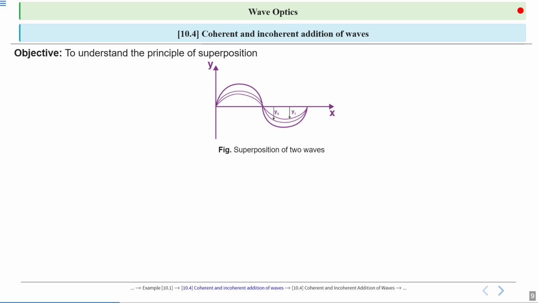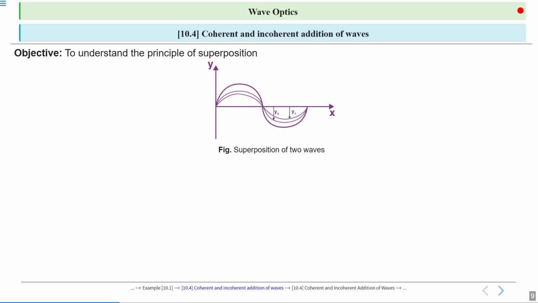Now we will understand the principle of superposition. The figure shows superposition of two waves. What is the displacement? At any instant, a particle's position of the wave with respect to the x-axis, in the y direction, is the displacement of the wave at that instant.